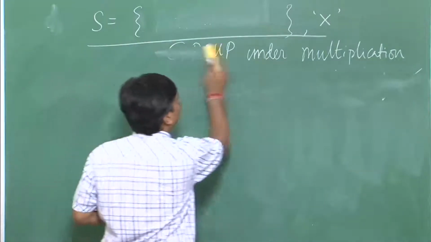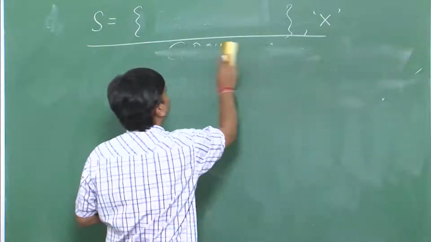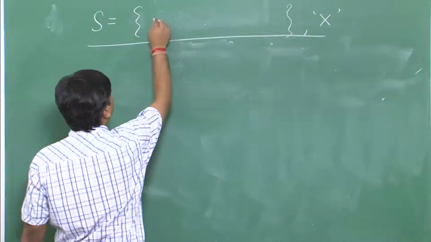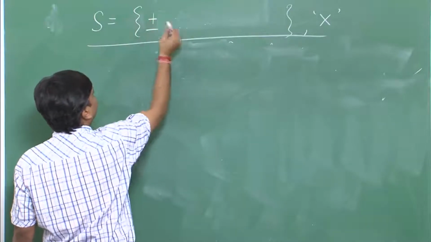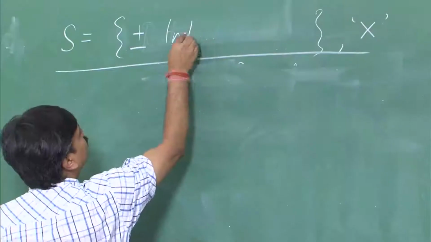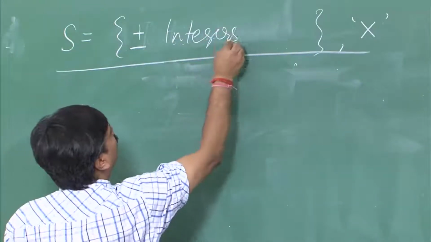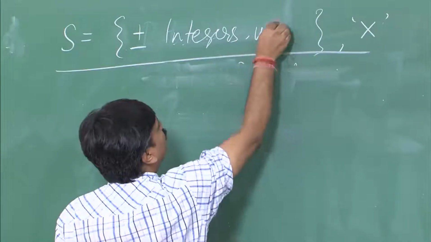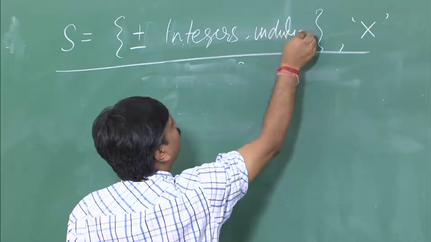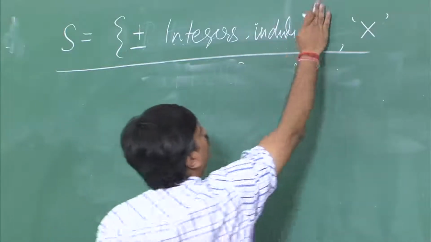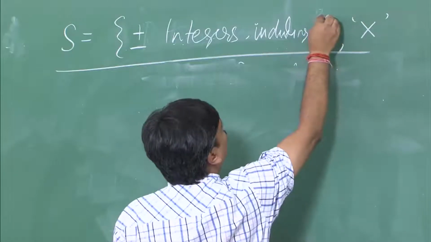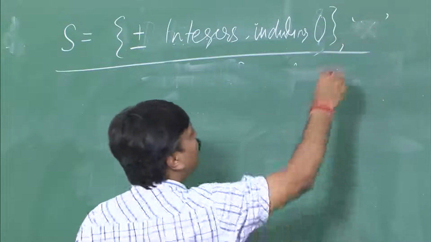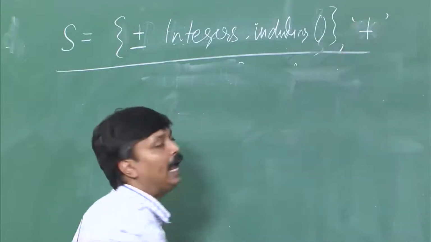The next set I will take, say, all integers, both positive as well as negative integers, including 0, and I define an operation as addition.